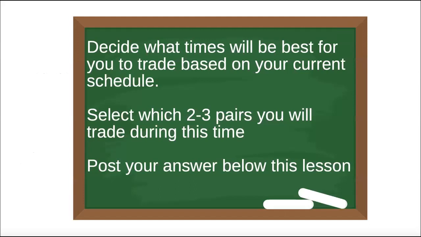I want you to also select which 2 to 3 pairs you will be trading during this time. And I want you to simply post your answer below. Like, hey, I'm going to be trading during the London session, and I'm going to be trading USD/JPY during that session.